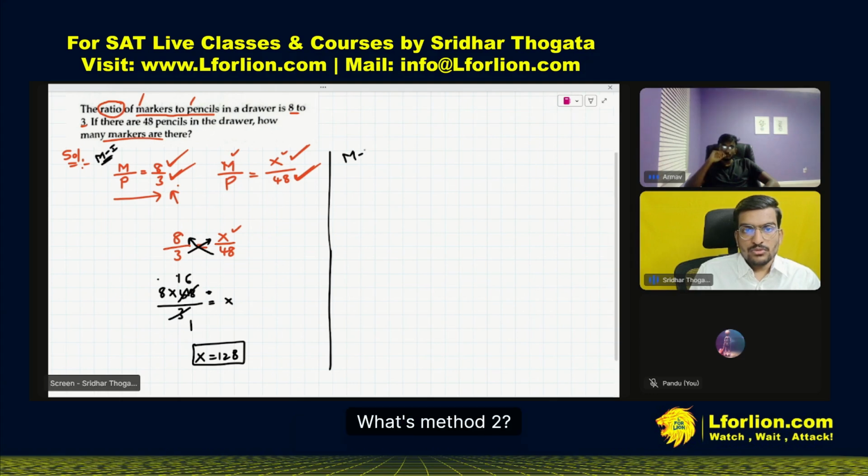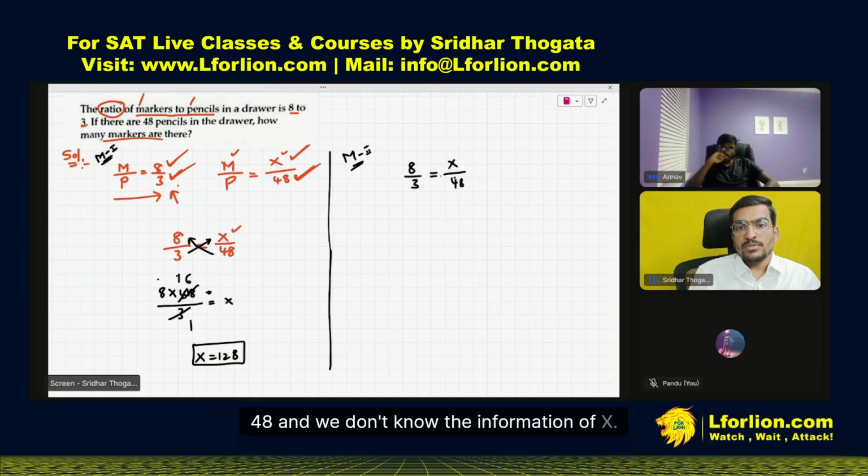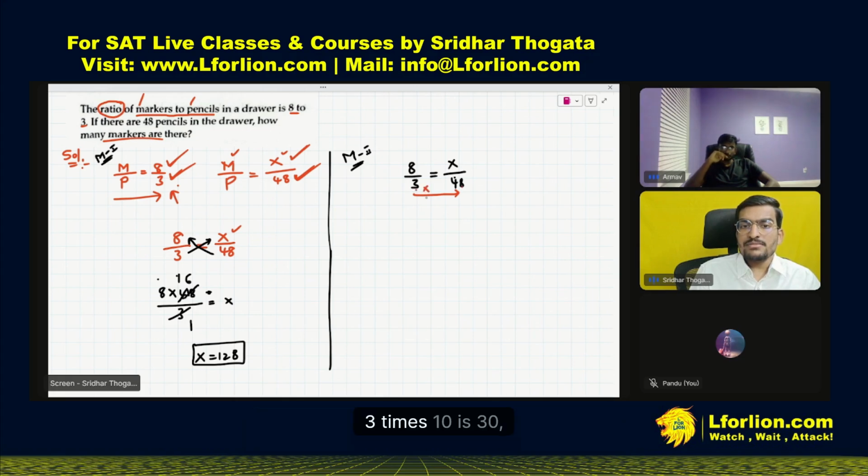What's method 2? We know markers to pencils are in the 8 by 3 ratio. We have the information of pencils, which is 48, and we don't know X. One is cross multiplication, and the second method is to figure out how many times: 3 times how much is 48? 3 times 10 is 30, 18 more, so 3 times 16 is 48.